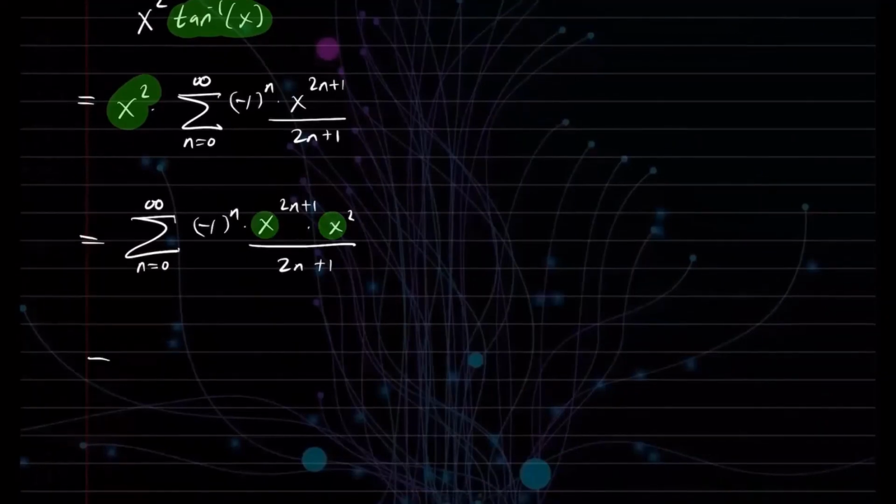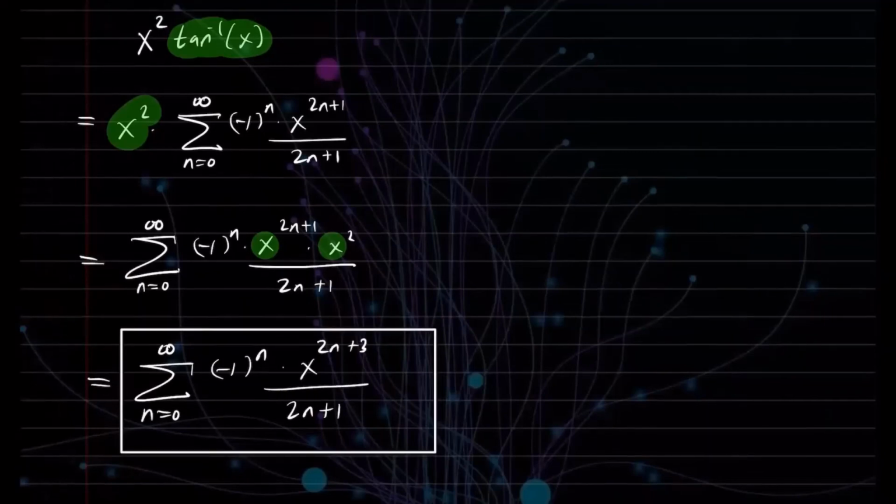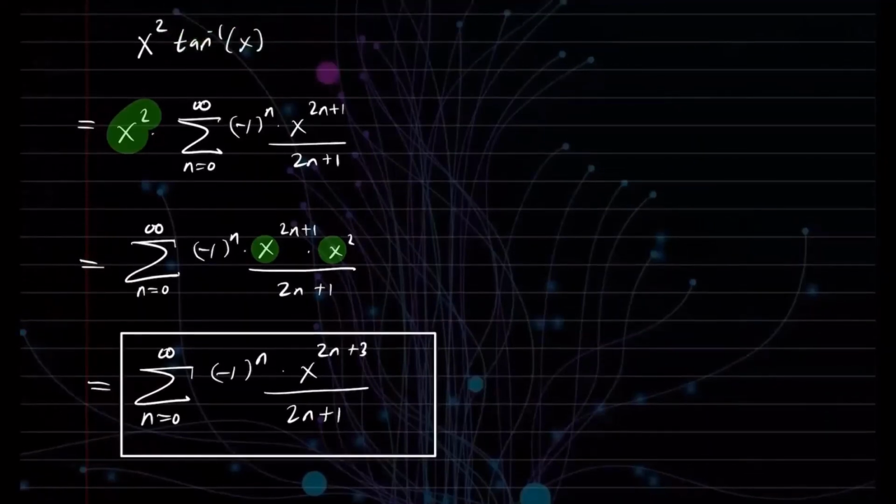So you'll have the sum starting from n equals 0 to infinity of -1 to the n times x to the 2n plus 3 all over 2n plus 1, since 1 and 2 make 3. So there you have your power series representation of this function. So once you know one function as a power series, then just play around with it, because this summation belongs to n, so you can push x inside, or if you have a constant, you can also push that inside the summation. All right, so I hope this helps.